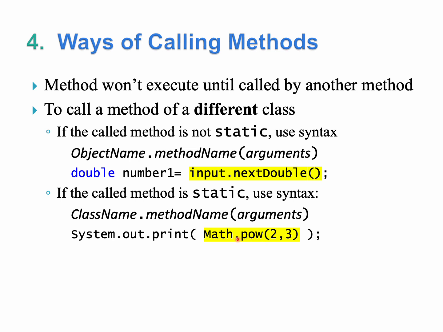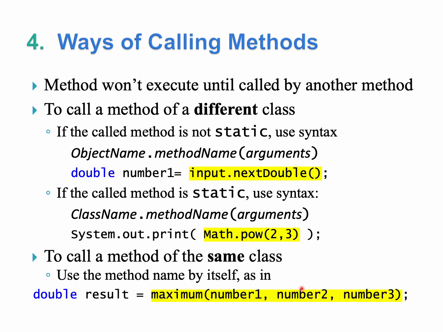In many of our examples before, we already called a method of a different class, which is in the Java API. Now that you can define several methods in your own class, you can have one of your methods call another method of the same class in your program.